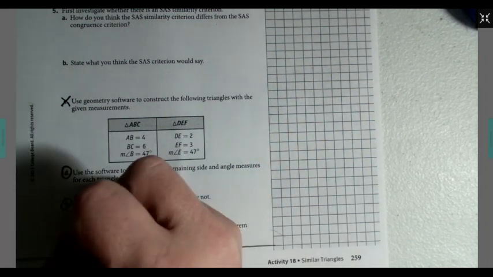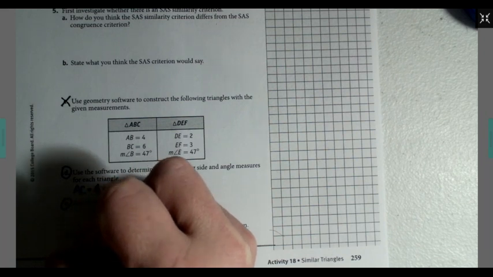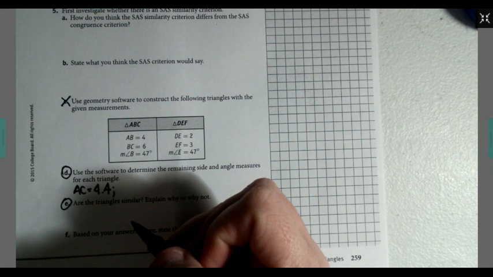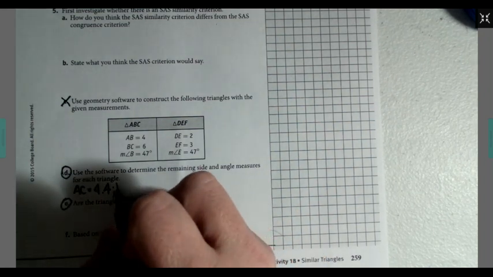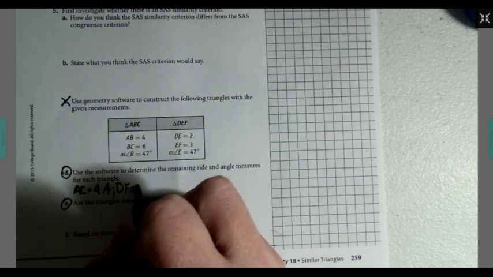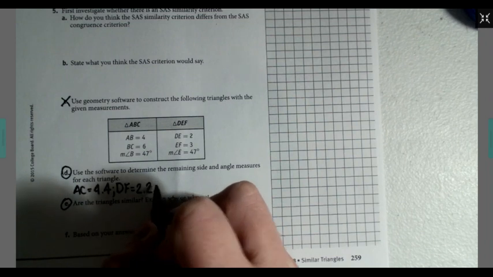For D, we're going to say that AC equals 4.4, DF equals 2.2.